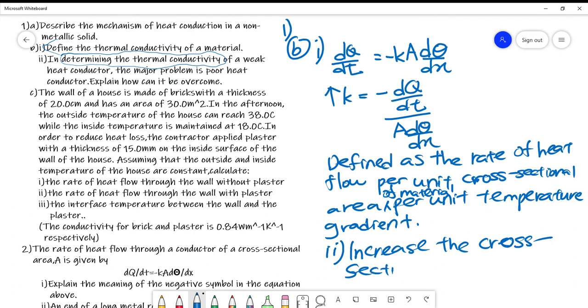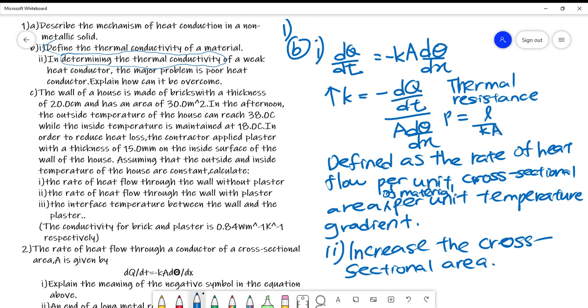We know that the thermal resistance R equals L over KA, which we discussed in the previous parts.